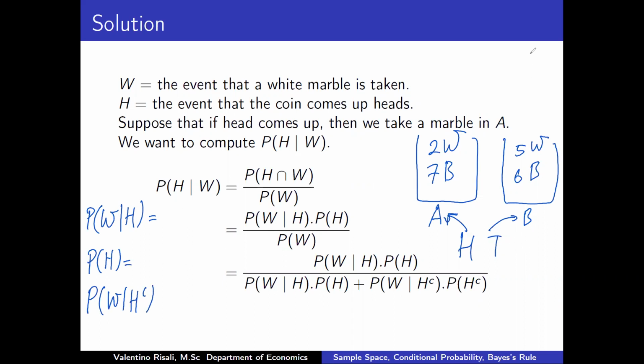In this problem, T is equal to H complement, because there are only two outcomes, either H or T. So H complement is equal to T. Can anyone give the answer of this probability?